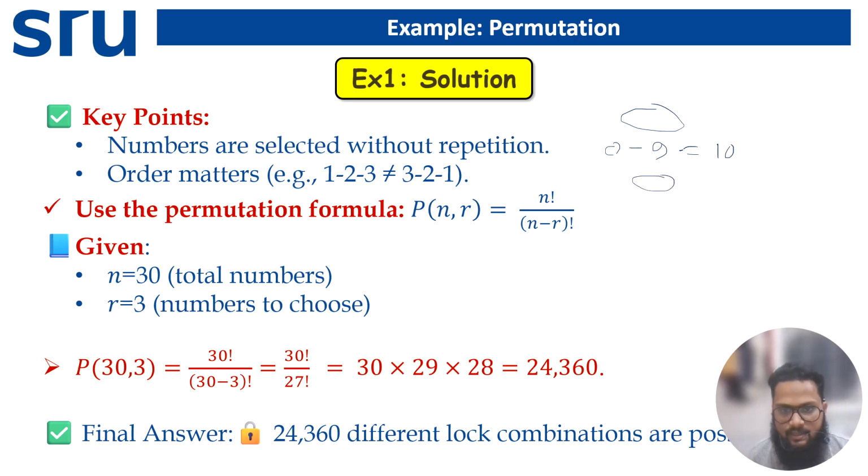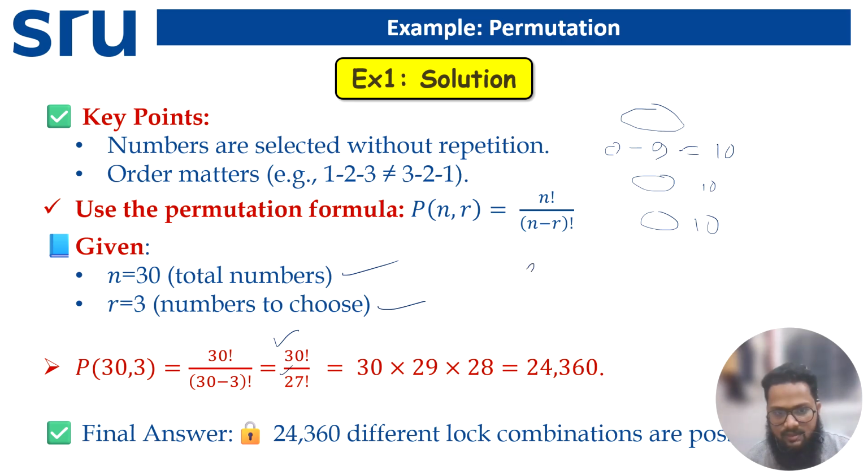The second circle also has 10, and the third circle also 10. So in total you have 30 elements, and as there are 3 circles, the number of choices, that is the permutation length r, will be 3. So 30 factorial by 30 minus 3 factorial, which is 30 factorial by 27 factorial.